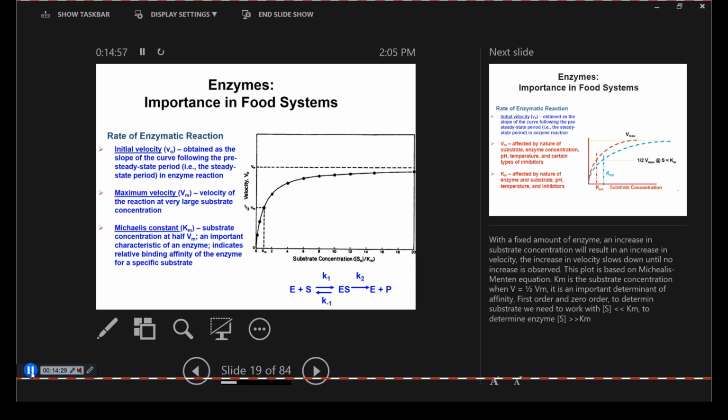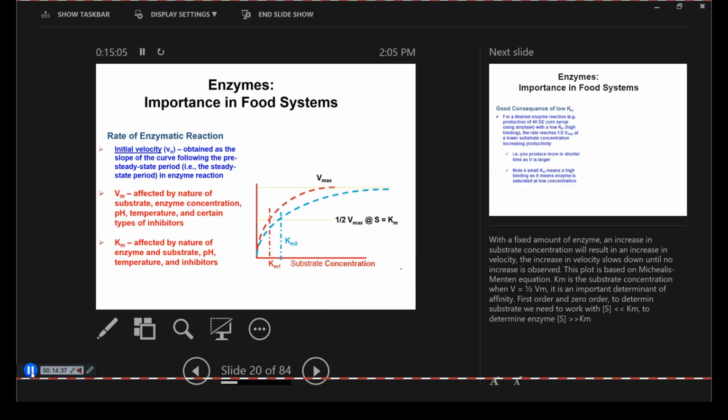And we said that this is an important characteristic that relates to the affinity of the enzyme to the substrate. So if you look here, I have substrate 1, the red, and substrate 2, the blue, and the same enzyme. Okay?